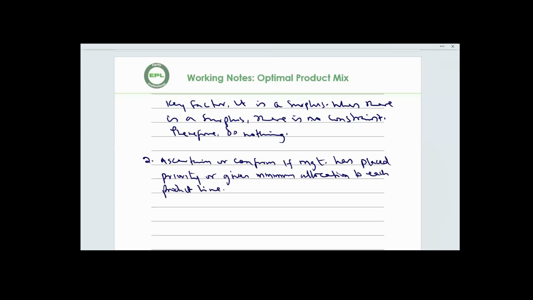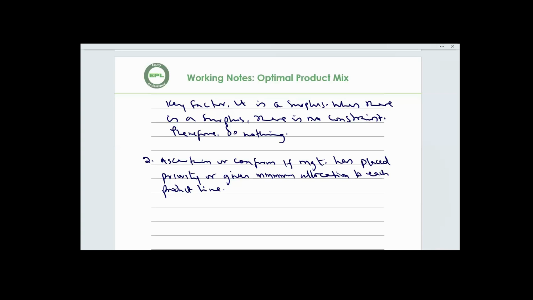Now, what do I mean by this? At times, the examiner may say that because there's an existing conflict between the line managers, management may decide that a minimum allocation should be given to each product range.